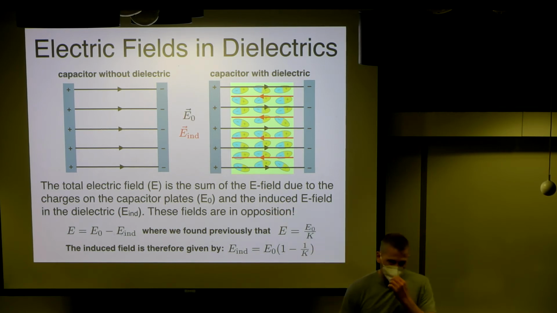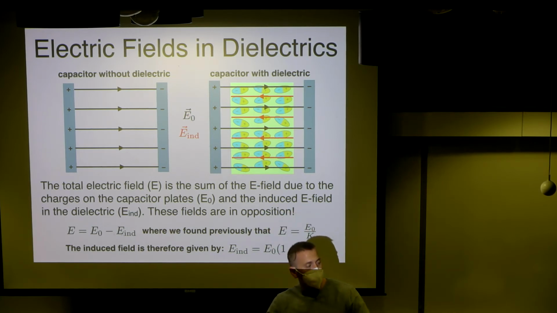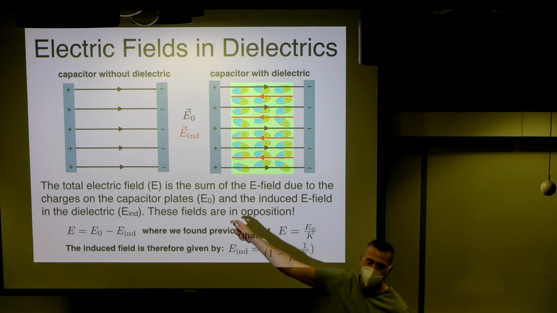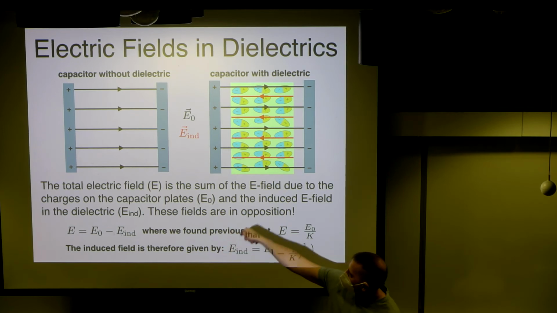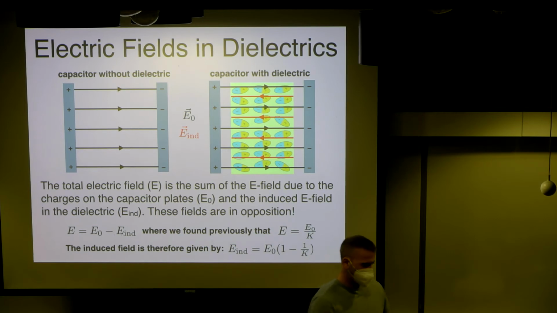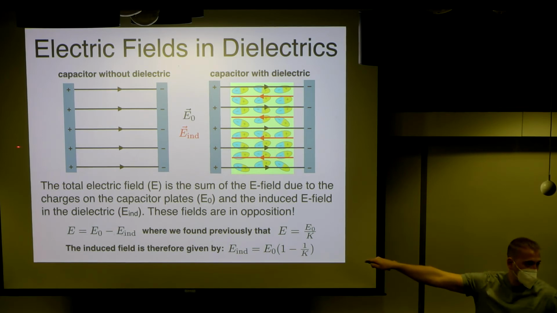Let's be very clear about what E naught is referring to. E naught is the E field that's just due to the charges on the capacitor plates. Okay? So it's just because of the charges on the plates, nothing else. And of course, if we have no dielectric material, that's the only thing happening. There's no other E field because it's just a vacuum in between.